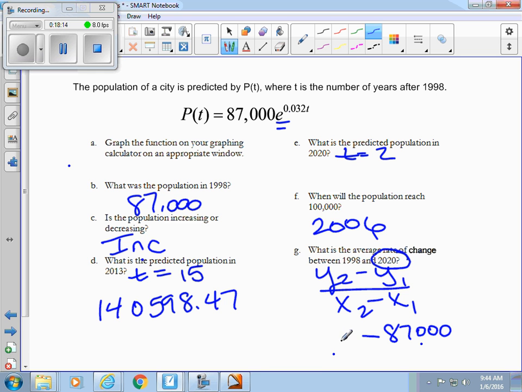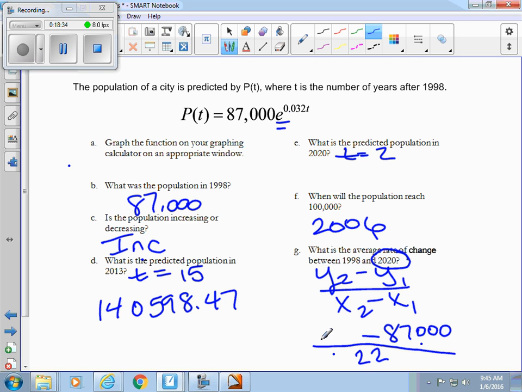And then you're going to divide by what, 22? Where did I get 22? That's the difference between 2020 and 1998. Okay, does that make sense how you do that?